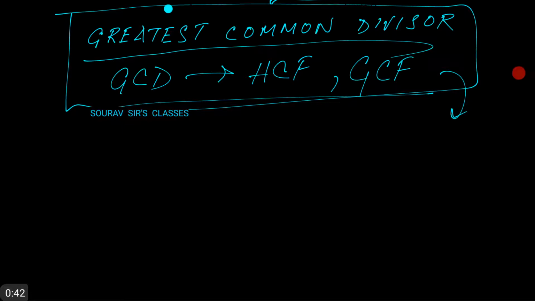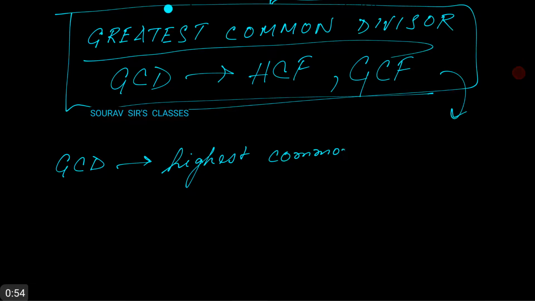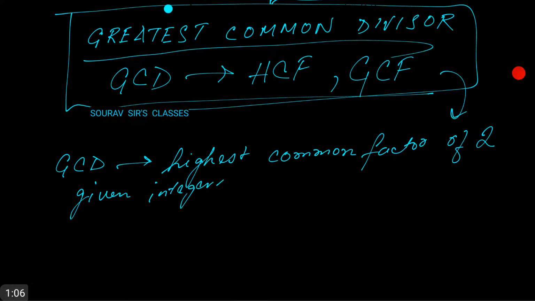The greatest common divisor, or the GCD, is the highest common factor of two given integers a and b.